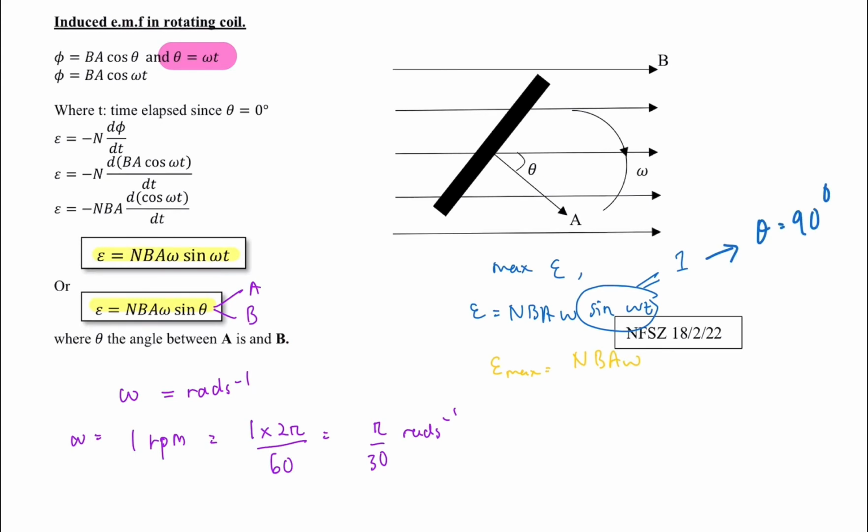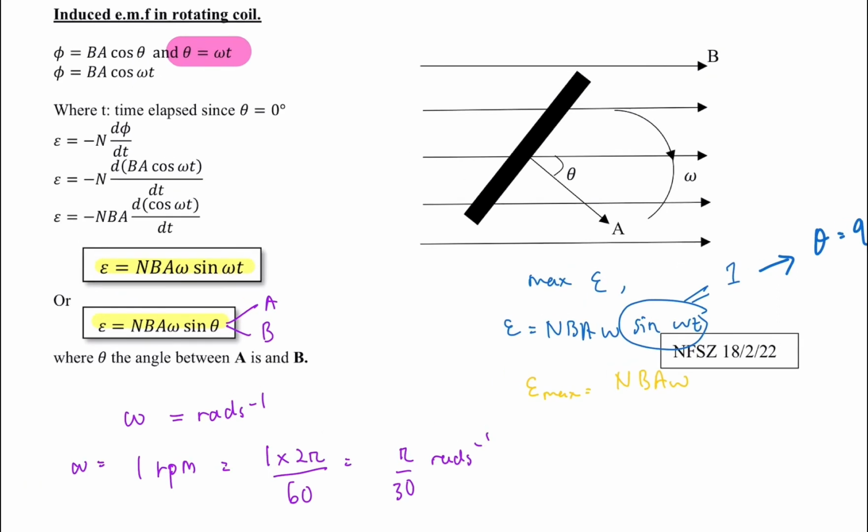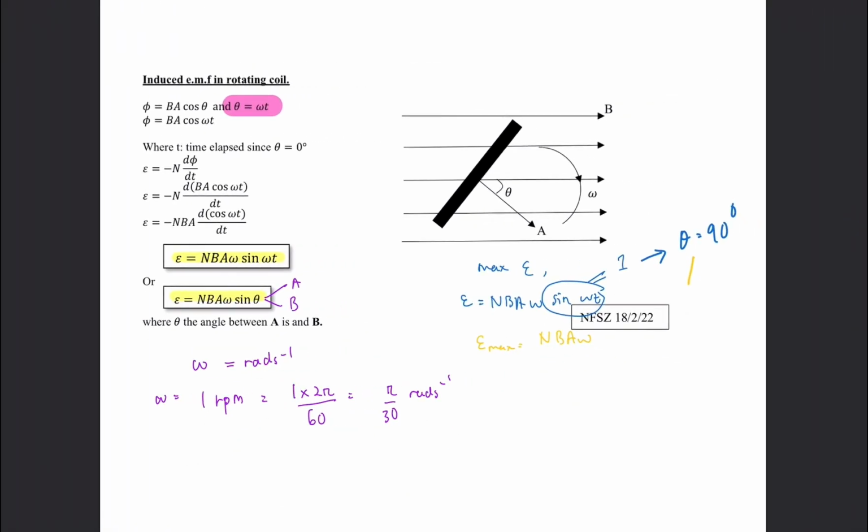Okay, so the position at which the maximum induced EMF is produced is when theta is equal to 90 degrees. Theta, as a reminder, is the angle between A and B. So it is when our coil is parallel to B. Why is that? Because B will be to the right, so A will be normal to your surface.